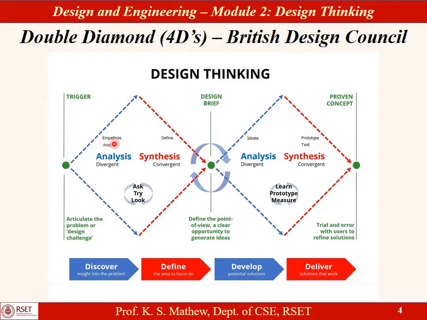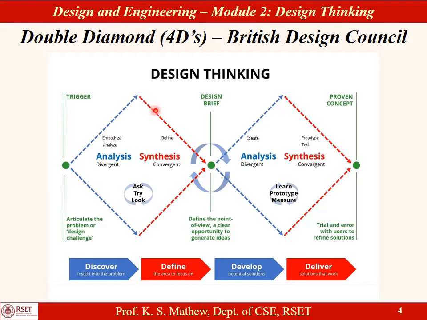If you look at the activities, it is the same as the previous IDEO model. In the problem domain, divergence stage, you have two activities of empathize and analyze. Try to understand the problem, empathize and analyze and identify all the problems of the user.